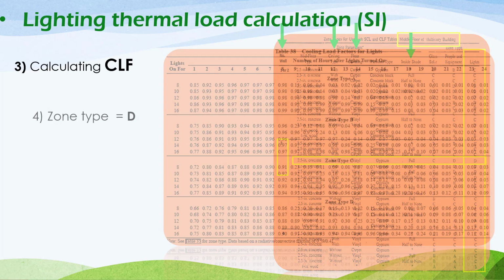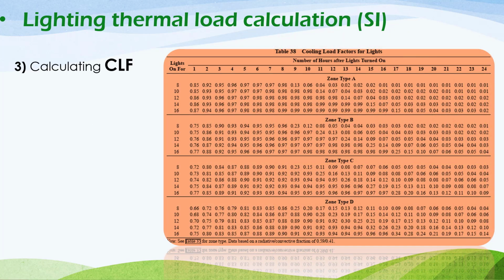Now we are ready to get the CLF value from this table for the lighting thermal loads. So we enter the zone type D main row and we enter the 10 hours row, and we enter the 8 hours column, so the intersection between them gives us a CLF value of 0.87.